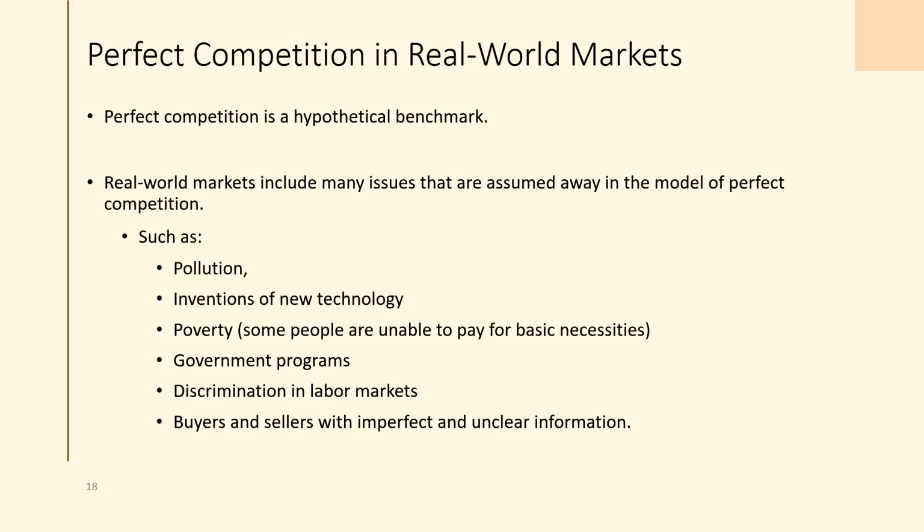New technologies may disrupt industries. Some consumers may not have enough income to participate fully in markets. Government policies, discrimination, and imperfect information also affect market outcomes. Because of these factors, real markets may not always achieve the efficiency predicted by perfect competition.